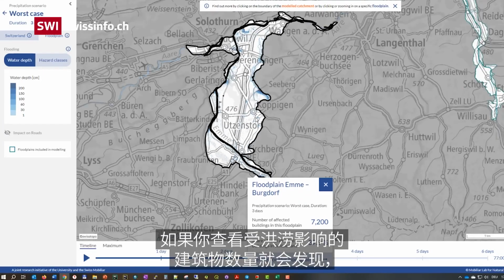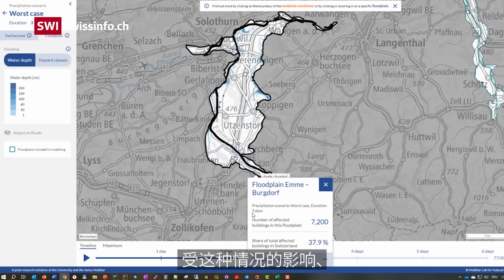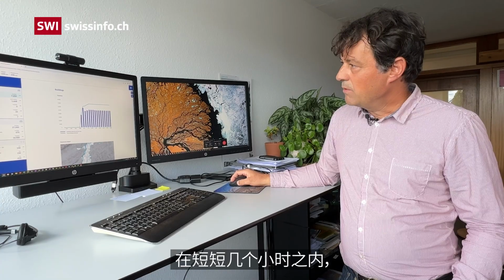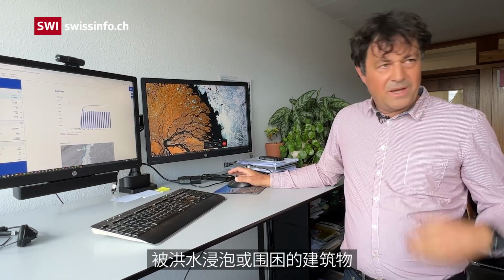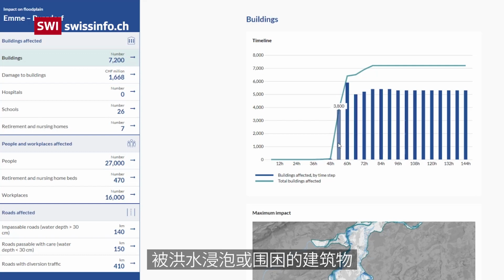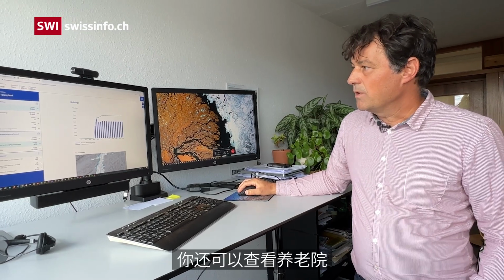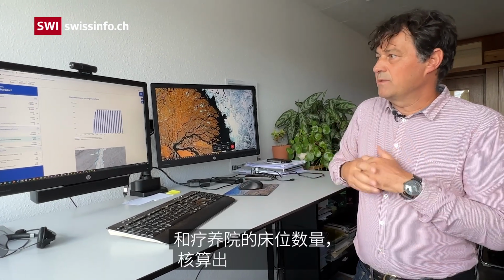If you look at the number of buildings affected by this scenario, within a few hours only, the number of buildings flooded is rising from 0 to more than 6,000. We can also look at retirement and nursing home beds.